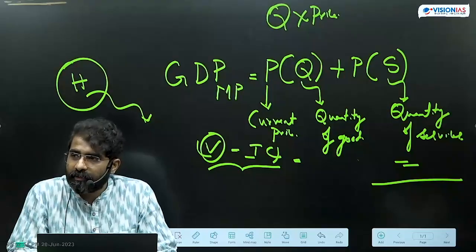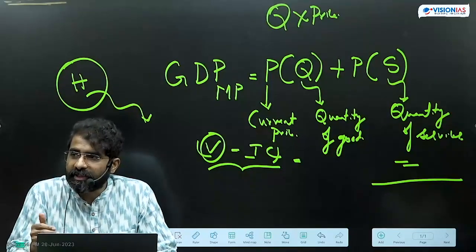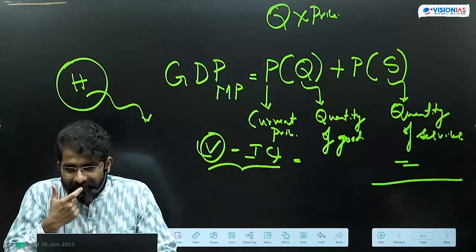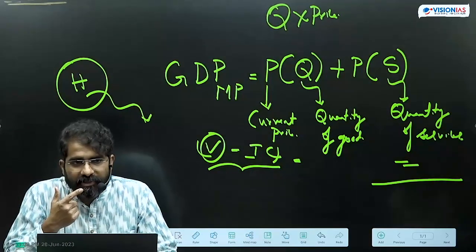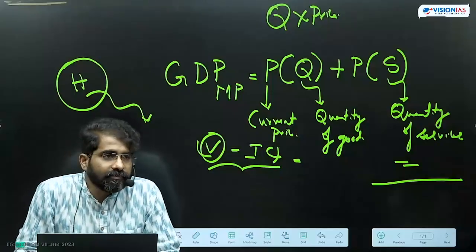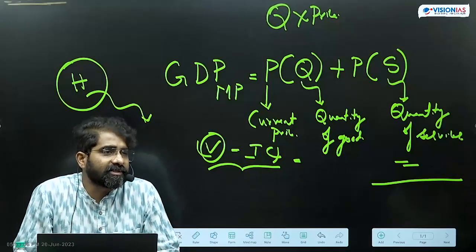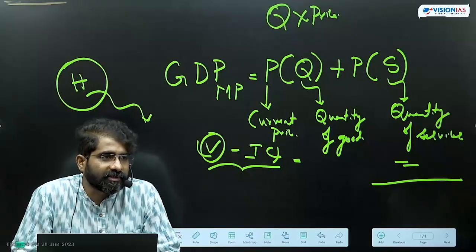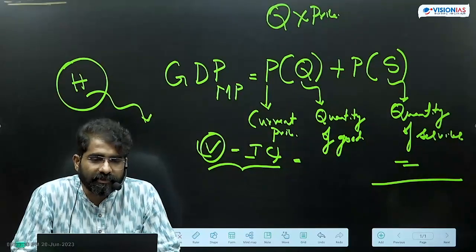Is that okay? Below that, write net production taxes is equal to production taxes minus production subsidy.